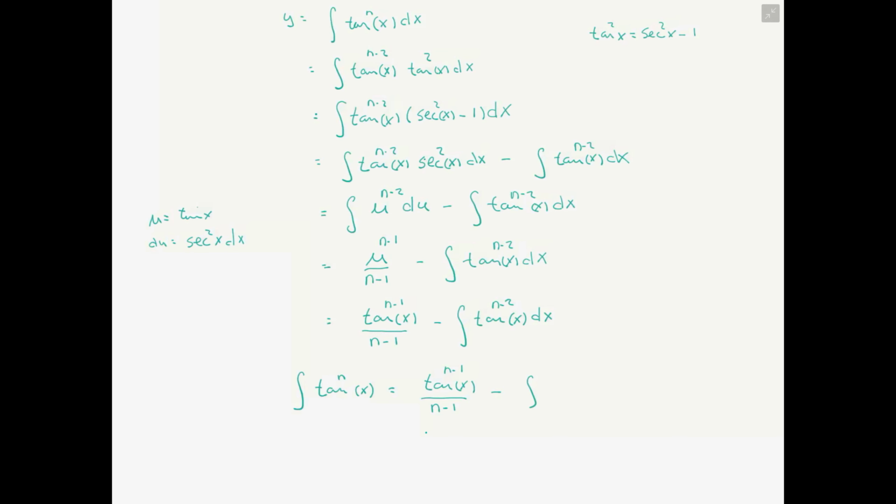So we have this formula, the integral of tangent n of x equals tangent n minus 1 of x on n minus 1 minus the integral of tangent n minus 2 of x dx.